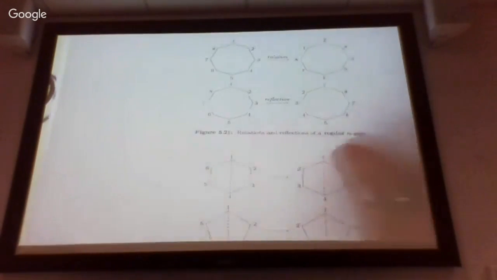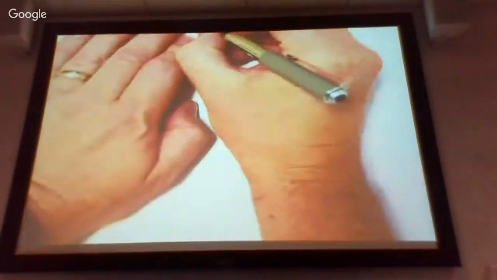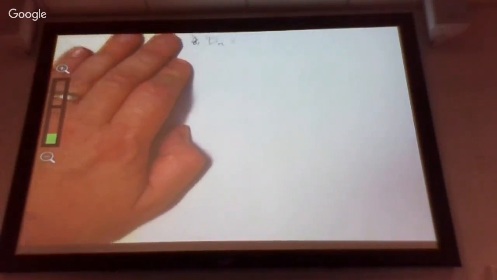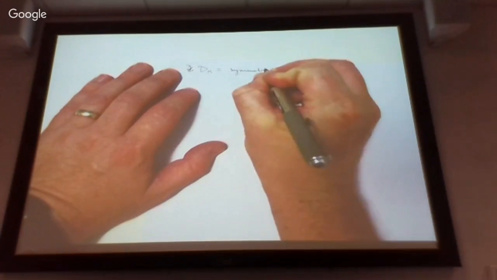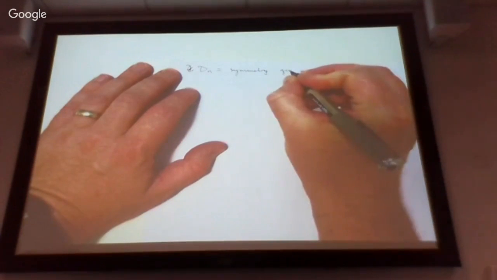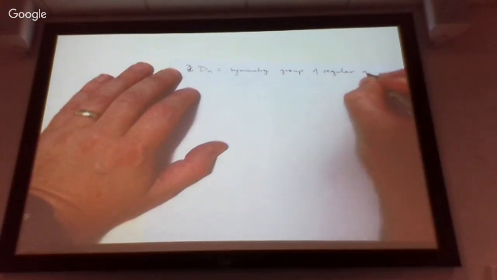So the dihedral group Dn is the group of symmetries of the regular n-gon. So Dn. It's the symmetry group, the group of symmetries, of the regular n-sided polygon.